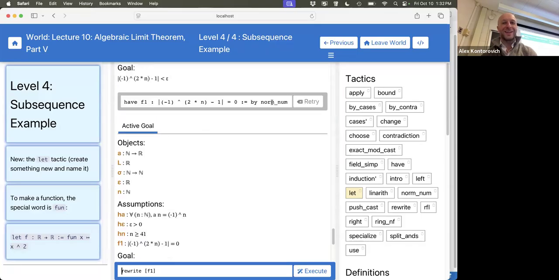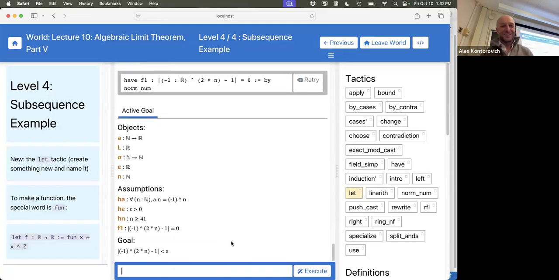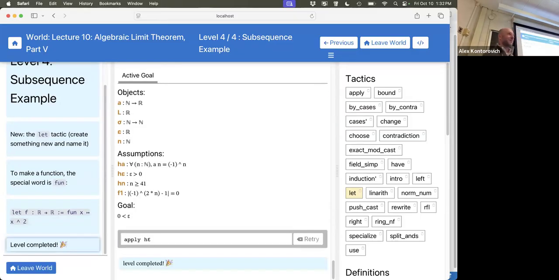Ah, the old casting into the reals. We don't know that this is a statement in real numbers. And now I can rewrite by f1. And now it's exactly h epsilon. Okay. Very good.